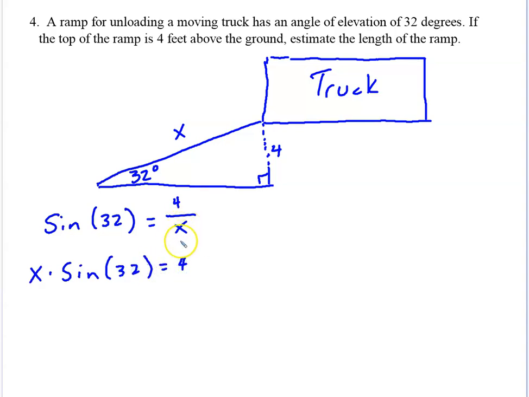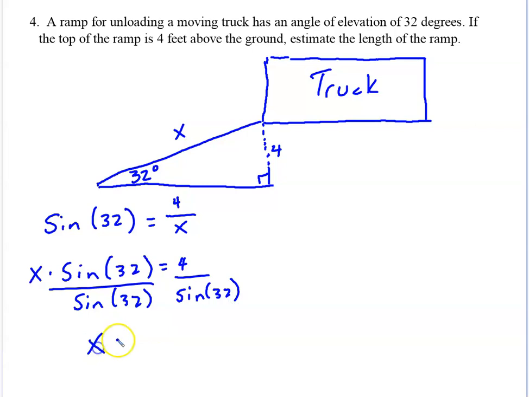That will clear out that denominator. And now divide both sides by sine 32. And we'll go to our calculator and we'll do 4 divided by sine 32. And we'll do this one to the nearest tenth as well. That's approximately 7.5 feet.